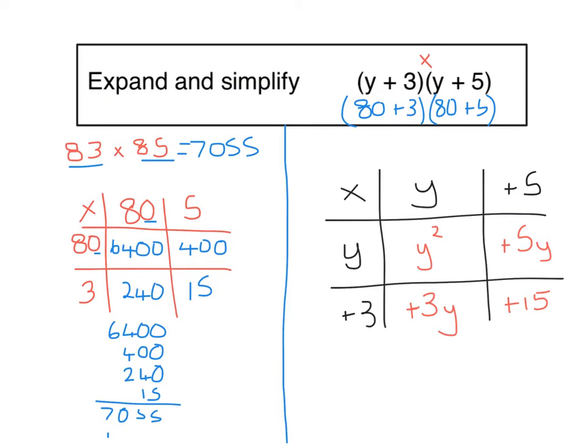So when we were doing the number, once we'd done our grid, we then added everything together. So let's put all of these in a row, add them together. Y squared, add 5y, add 3y, add 15. And we've got some like terms in there. So let's just draw those on. So I've got some y's.